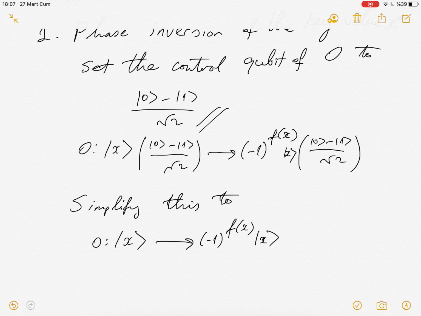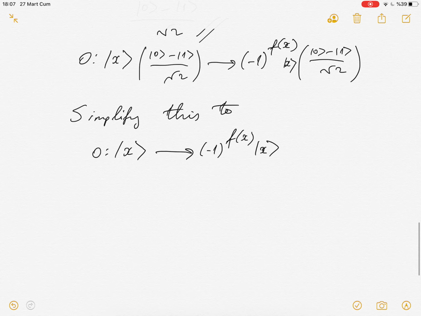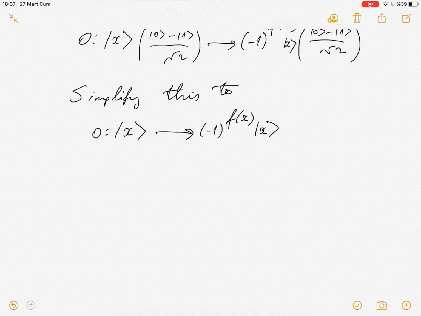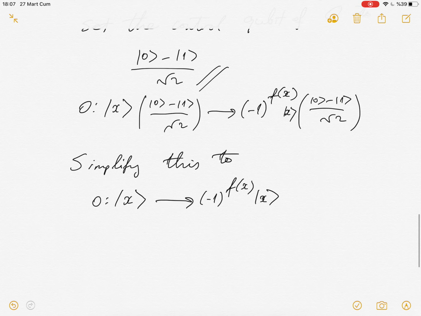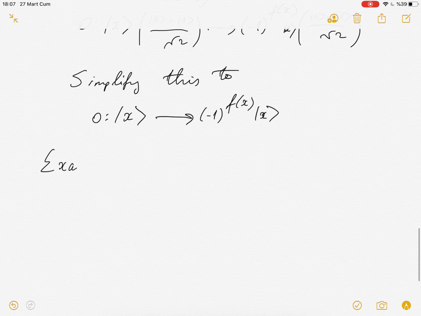Okay, so how does the phase inversion act on concrete states then? Let me give a small example to illustrate this. Suppose we have a 2-qubit state.